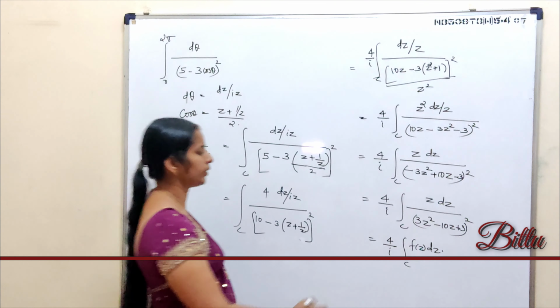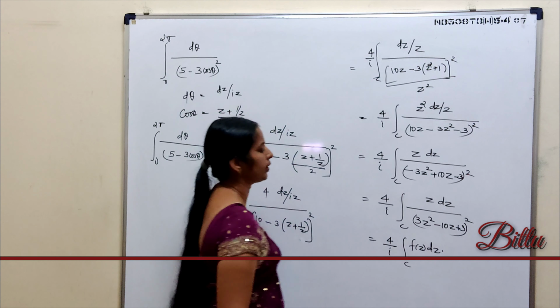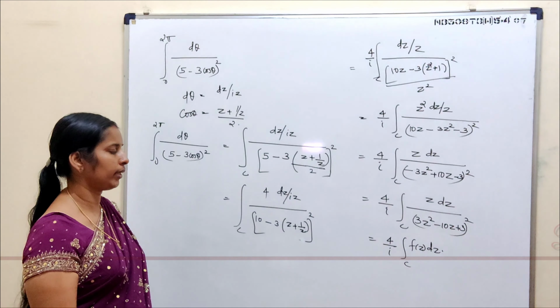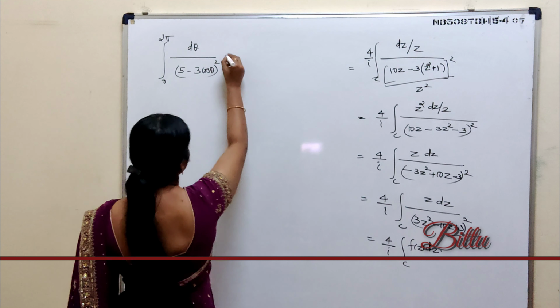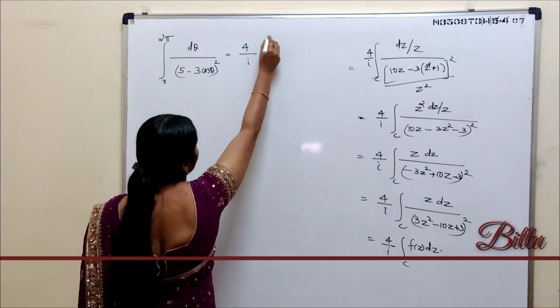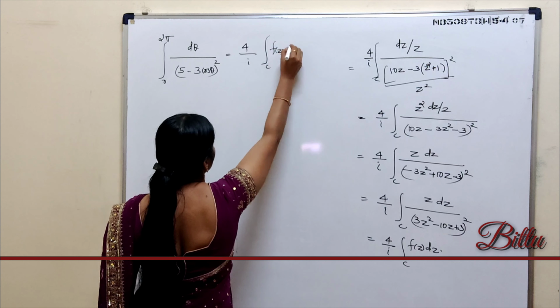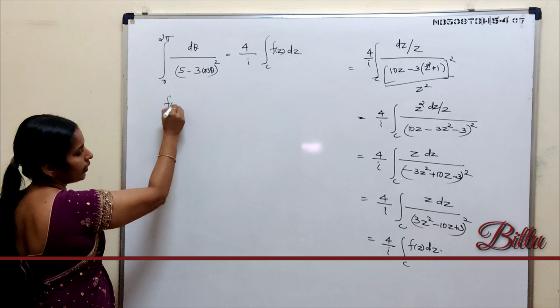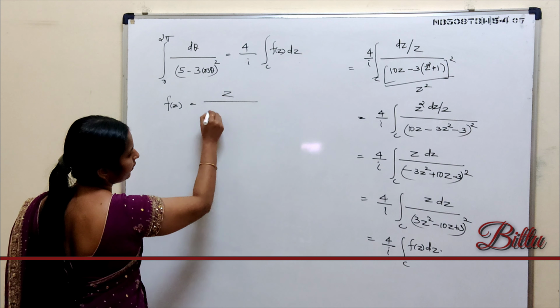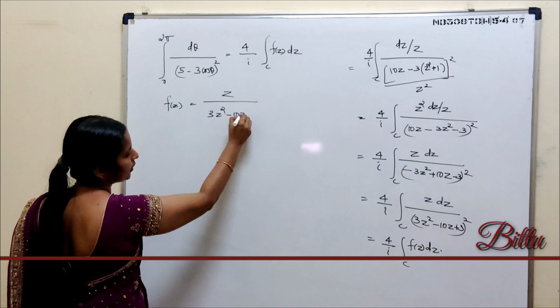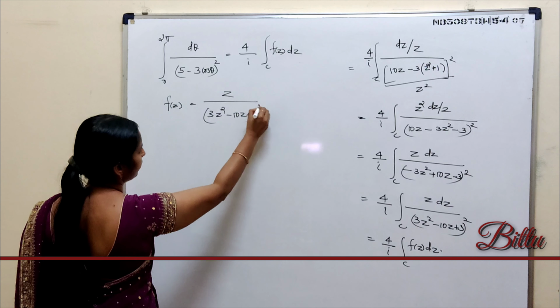Here f(z) is z by 3z square minus 10z plus 3 the whole square. So the given integral is 4 by i integral over C f(z) dz.